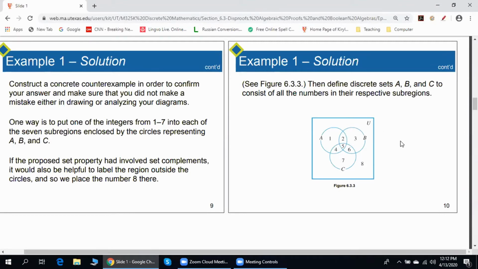We wish to make sure that all three sets have common elements. We don't draw, for example, C somewhere separately. A and B have common elements, B and C have common elements, A and C have common elements, and A, B, and C have common elements. This gives us as many degrees of freedom as we need in order to come up with a counterexample.